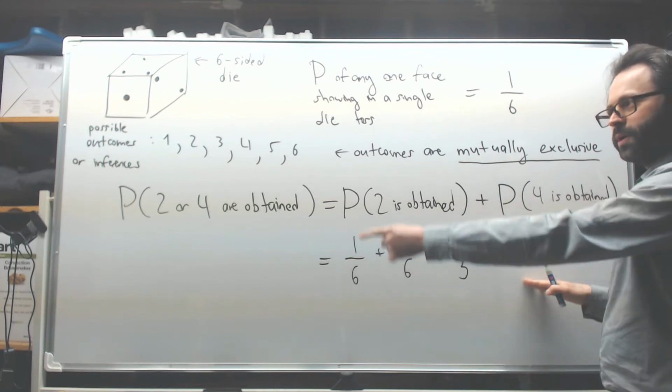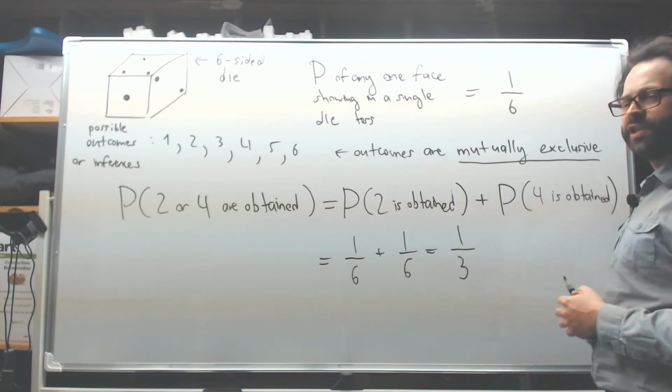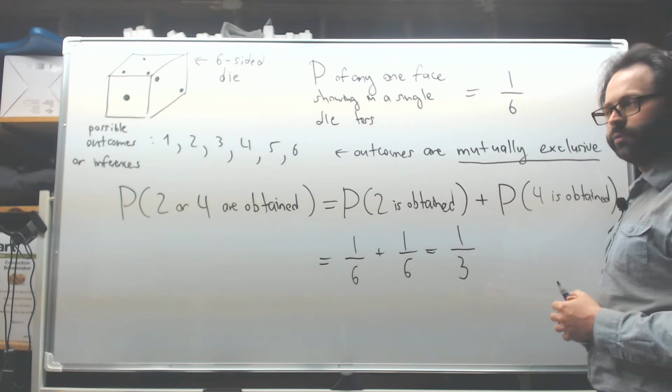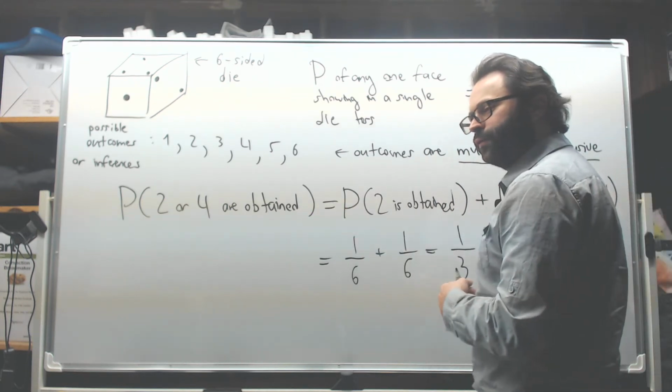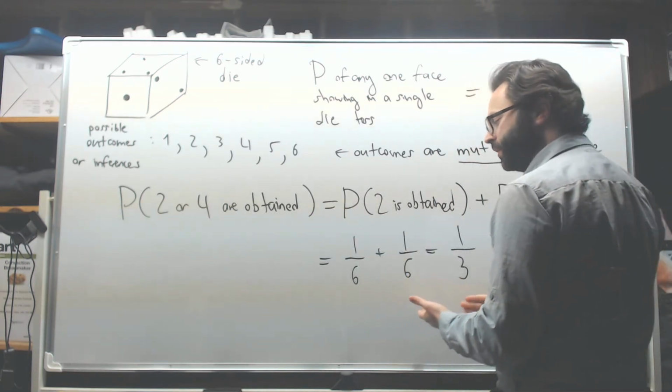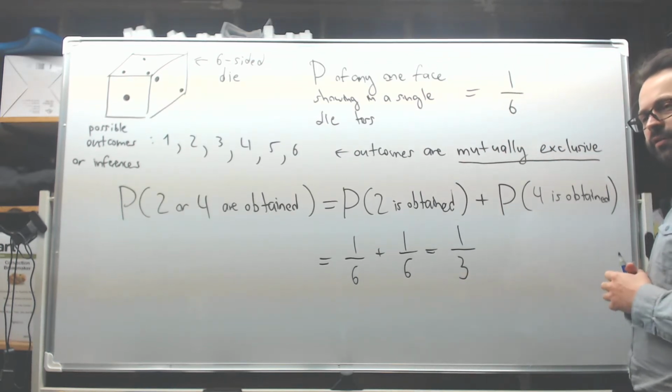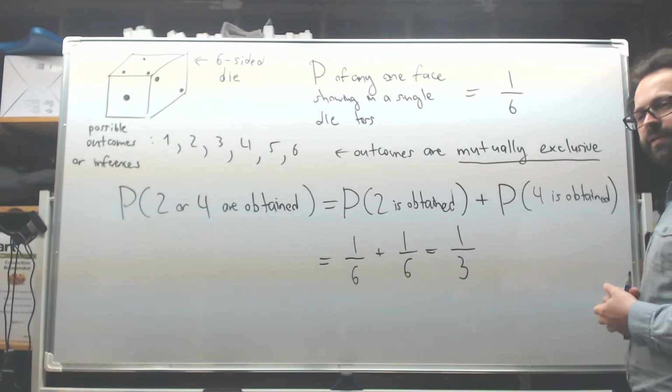What about the probability that a 2, a 4, or a 6 is obtained? Well, we've now added a new inference. Instead of a 2 and a 4, we also have the possibility of a 6. So another term, 1/6, would be added, giving you a probability of 1/2.